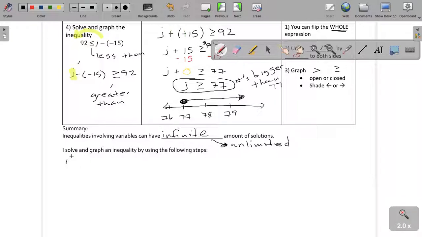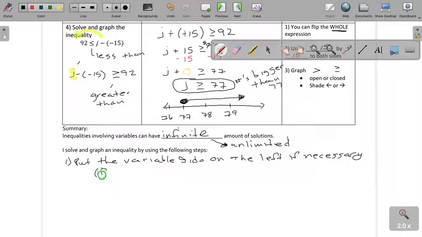Make sure to put the variable side on the left if necessary. And we did that by flip the inequality.